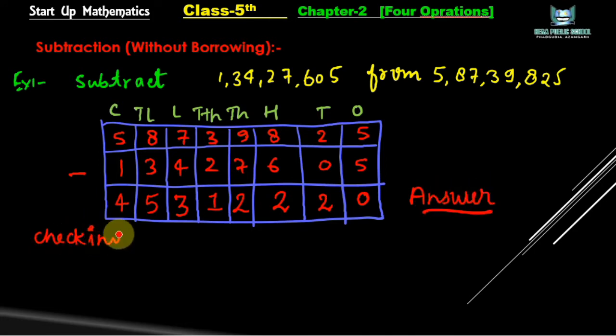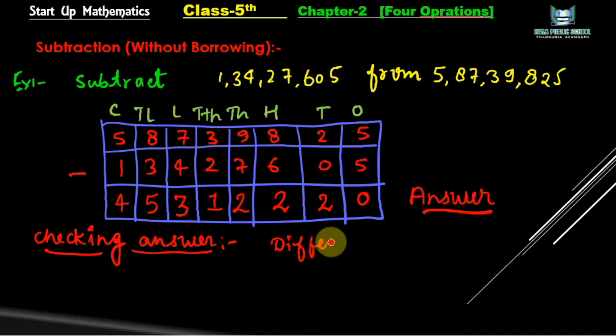Checking the answer. Now we are going to check whether our answer is correct or incorrect. For checking the answer in subtraction, we add difference plus subtrahend, and difference plus subtrahend is always equal to minuend.